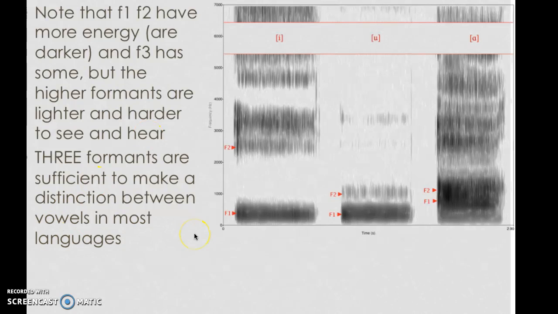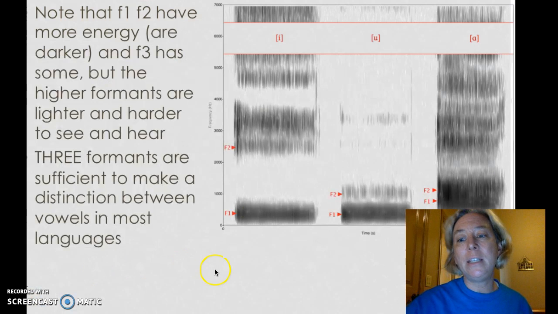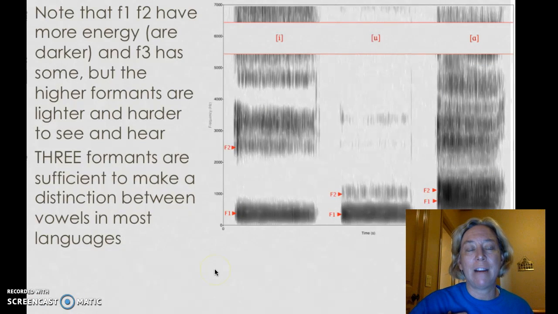Typically, our ears pick up information from the fundamental frequency, which is F0, and then F1 and F2 is what our ears use primarily to pick up the contrasts between the vowels. Typically, 3 formants are sufficient for our ears to have the ability to distinguish between the different vowels.